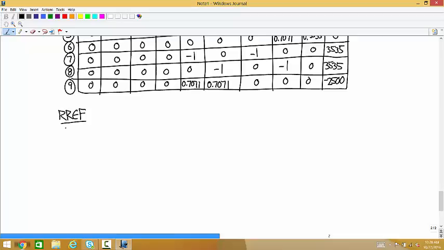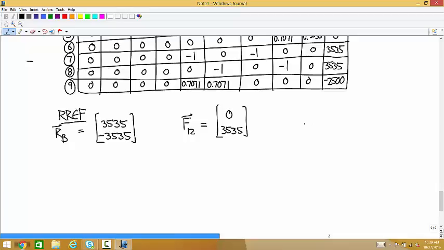Okay, so if you solve that, you get RB is 3535, negative 3535. F12 is 0, 3535.